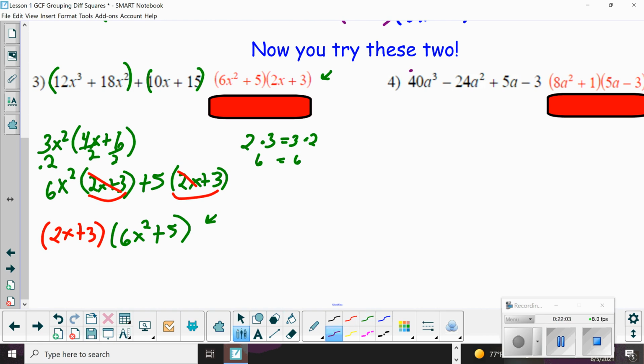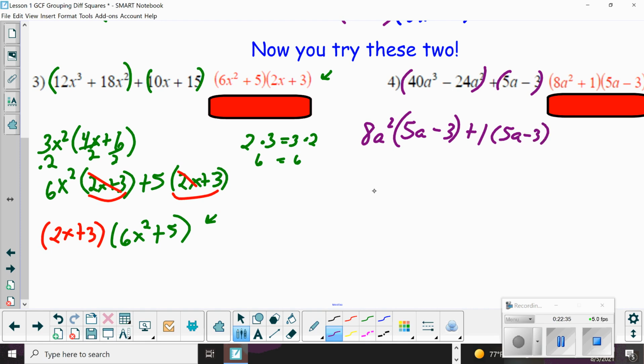Finally, over here, let's group the first two, and we'll group the last two. The first two here, we've got 40 and 24. You can take out an 8. A cubed and a squared takes out an a squared. It's going to leave me with 5a minus 3 plus, only 1 comes out, so it's 5a minus 3.